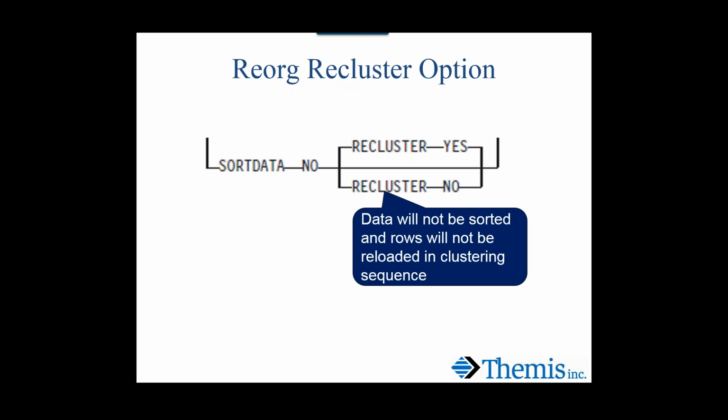So when you do a table space migration from, let's say, universal partition by growth, or from classic partitioning to universal partition by range, you have to reorg the entire thing, not the parts, but the whole table space in one step. And that could require quite a bit of sorting. Sort data no, recluster no says don't do the sorting, just unload and put it back in the same order that you unloaded it. Now it still may have to sort for indexes, right? That's going to happen still, but the big sort for the actual data on the table is going to be avoided here.